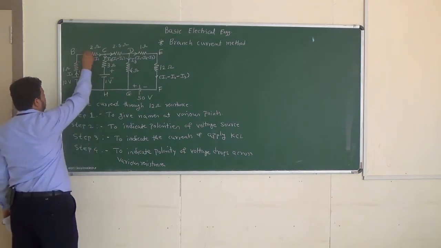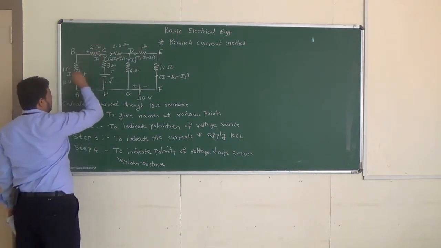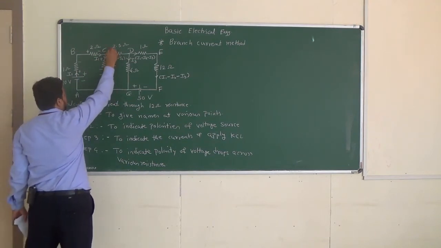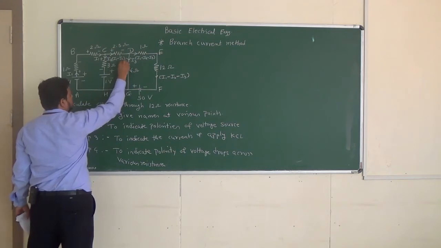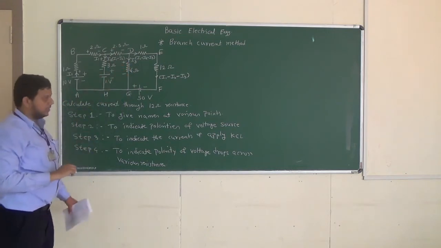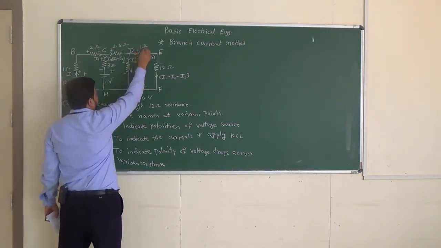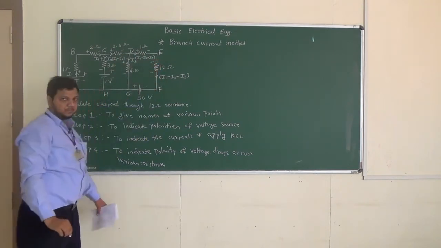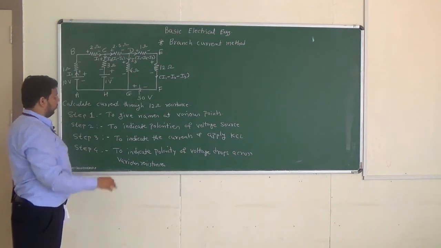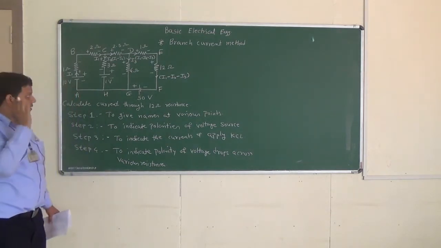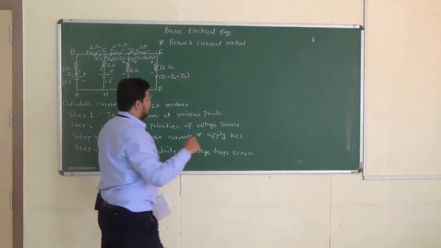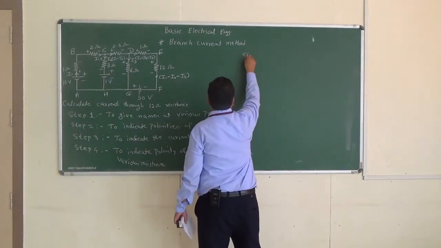Again, current enters here, plus, minus; again it enters here, plus, minus, plus, minus, plus, minus, plus, minus. That is step number 4, to indicate the polarities of voltage drops across various resistances. The next step, step number 5.